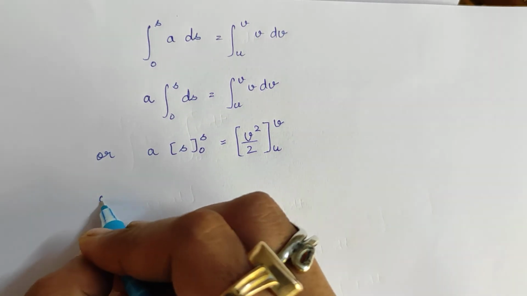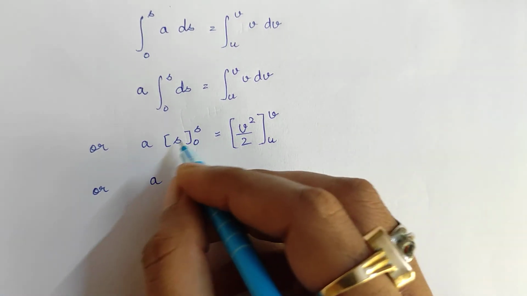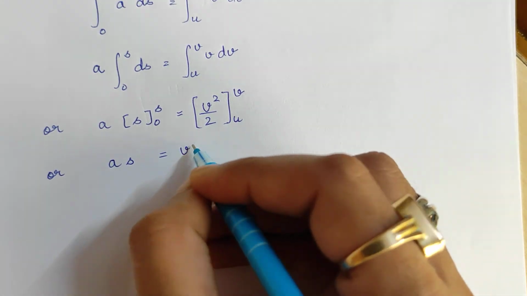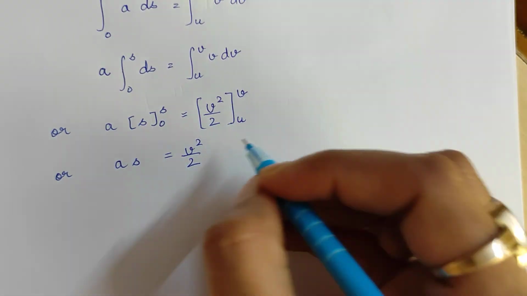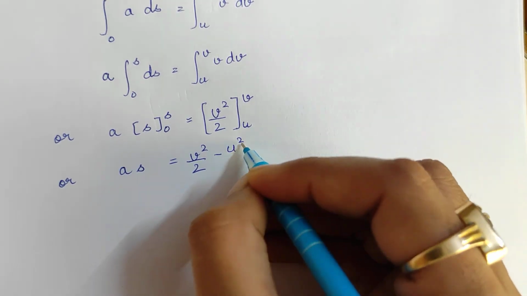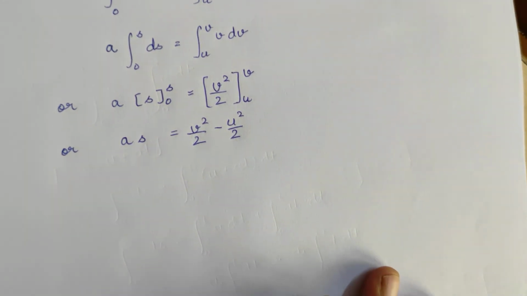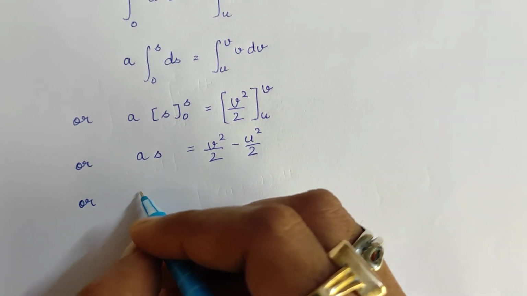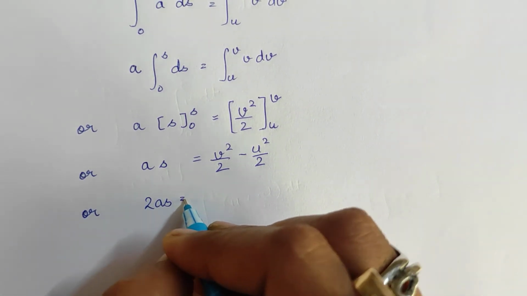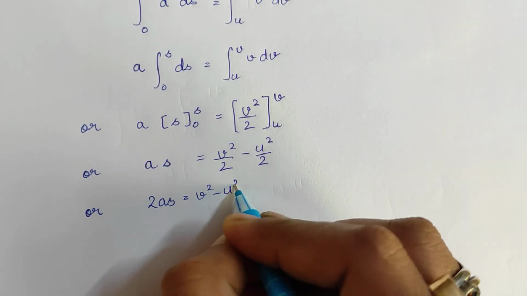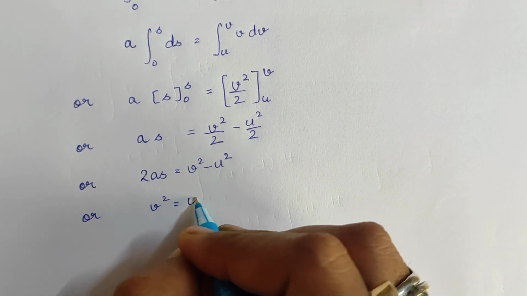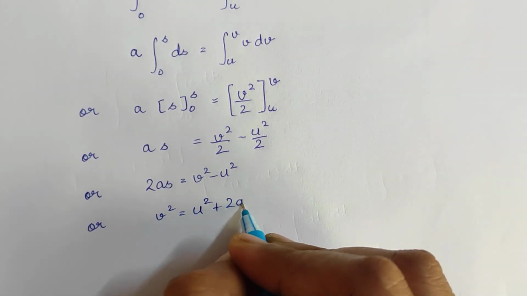Now putting the limits, we get s here, and v square by 2 by putting the upper limit minus u square by 2 by putting the lower limit. On further solving, we get 2as is equal to v square minus u square. Or on rearranging, v square is equal to u square plus 2as.